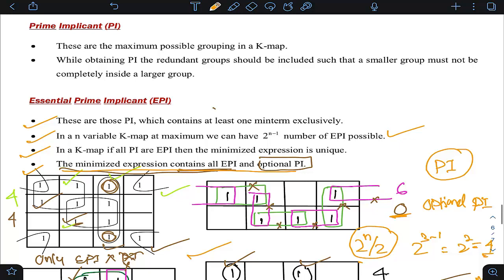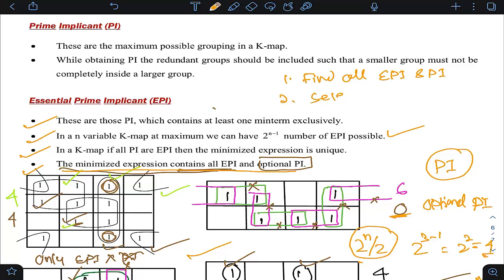Okay. So where are these concepts of PI and EPI used? You know students, while learning the minimization of expression using K-map, I just said you do the grouping by giving priority to octet, quad, pair, single like this. Yes or no? But if you are not following that approach, you can go through this algorithm. To obtain the minimized expression, step 1 is to find all EPI and PI.